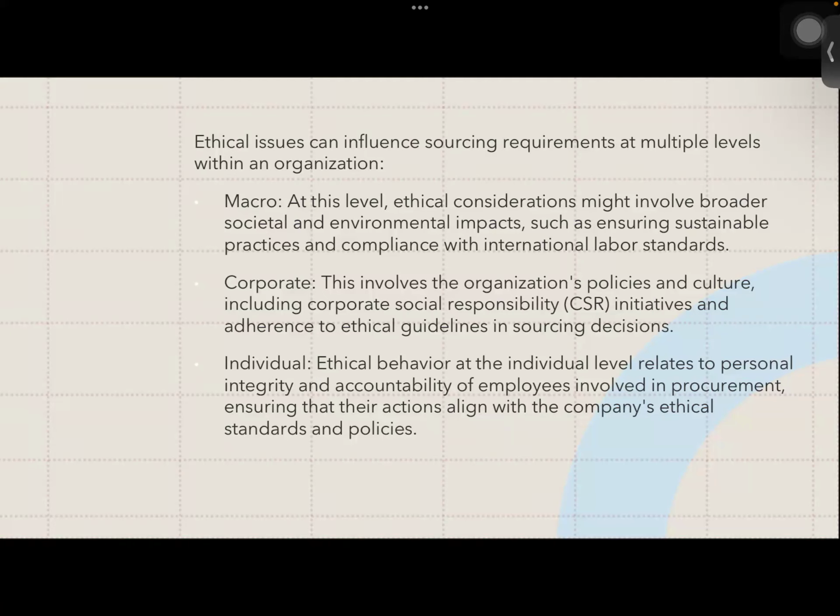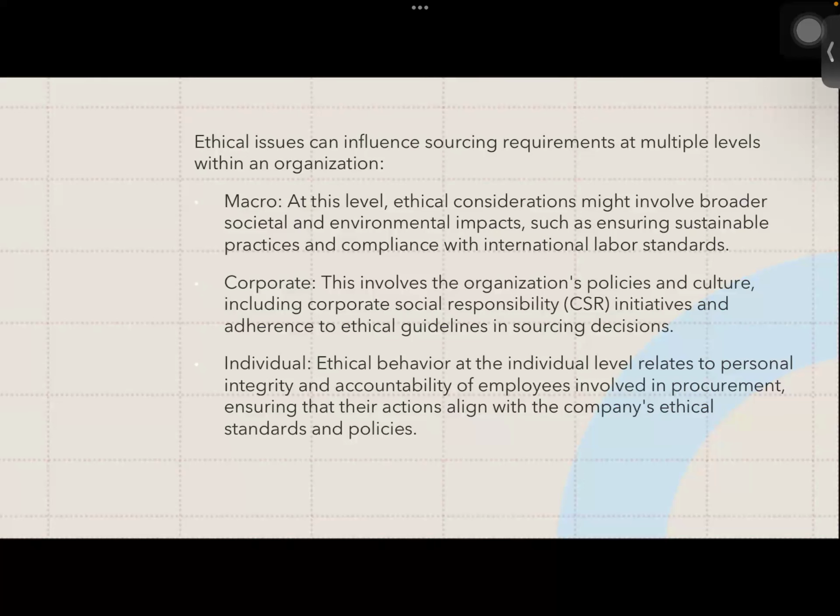At macro level, we need to look at the wider picture, the impact of our purchase on society and on the environment in general, and we need to keep our practice in line with international standards.